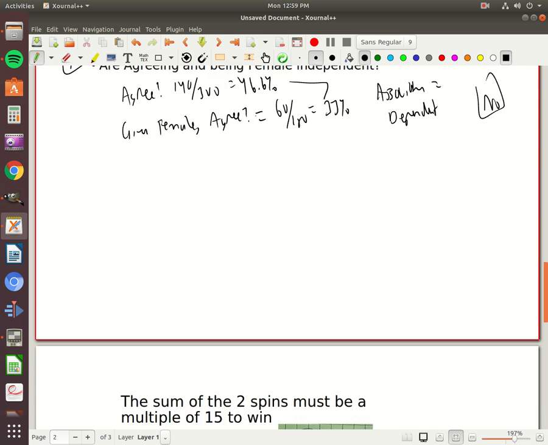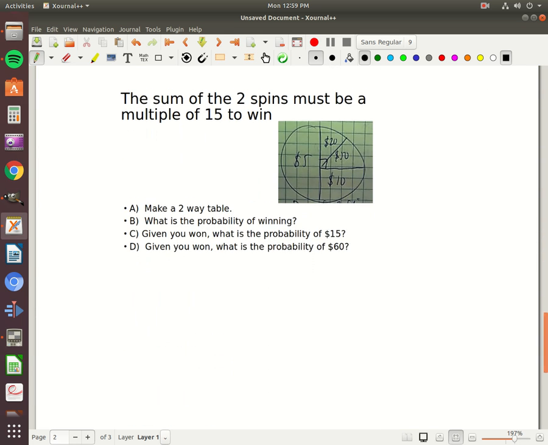All right. And then finally, the last one, and then I end these videos for perpetuity. Make a two-way table. Again, you should pause this thing. So we have our double spin thing. We can get a 20, a 50, maybe I should go in order.